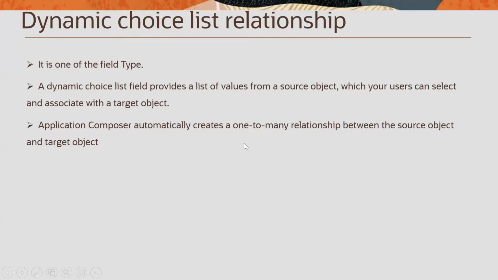It means if we create a DCL called account in contact, we can select one account in contact one, and the same account we can select in contact two also.